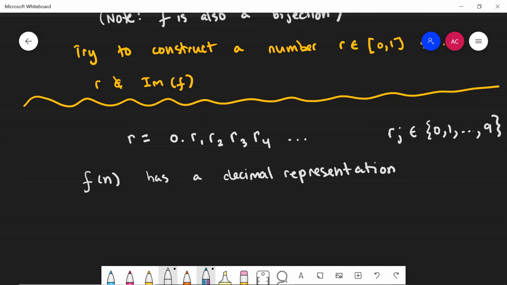Okay, so keeping that in mind, what I'm going to do is define R sub j as follows.